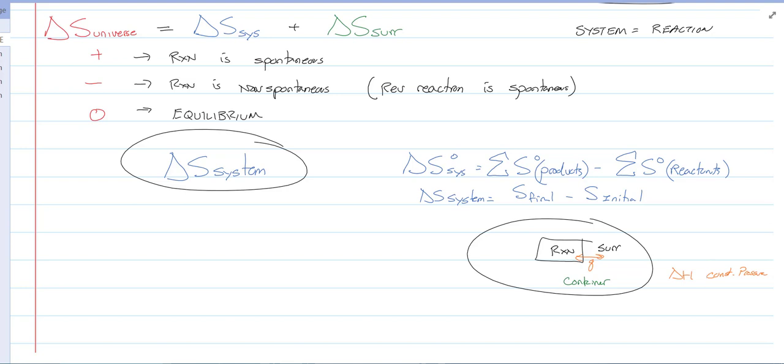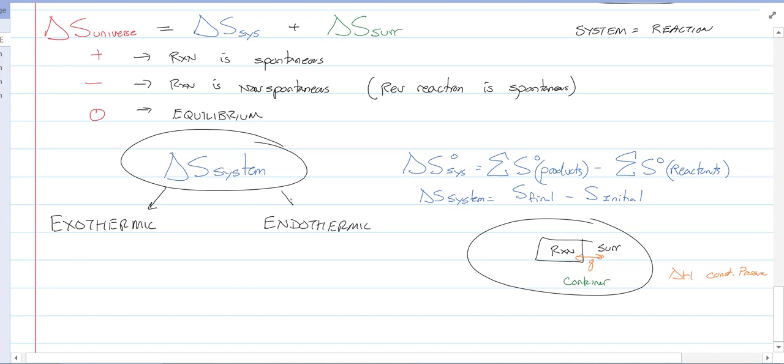That means I can have an exothermic or an endothermic process. If it's an exothermic process, we release heat. Delta H is negative, which means delta S of the surroundings is positive. It's opposite. Endothermic, we absorb heat. Delta H is positive. That means delta S of the surroundings would be negative.